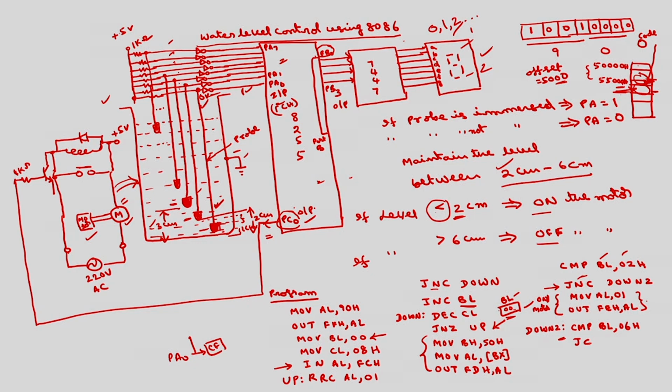Jump on carry means BL is less than 6, no problem. I have to go for the repeat. So I have to repeat the entire process. If this is false, means no carry, means BL is greater than 6. So in that case I have to off the motor. I have to write the program here to off the motor. How to off the motor? Basically you take move AL comma 00, out onto port C.